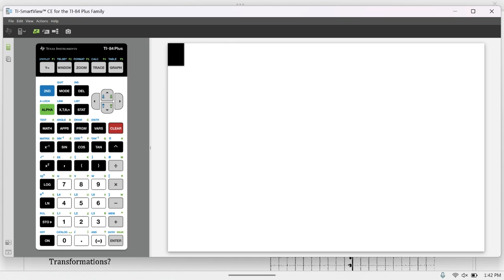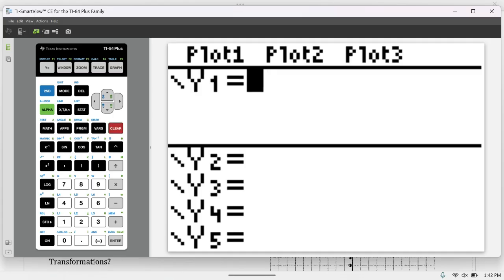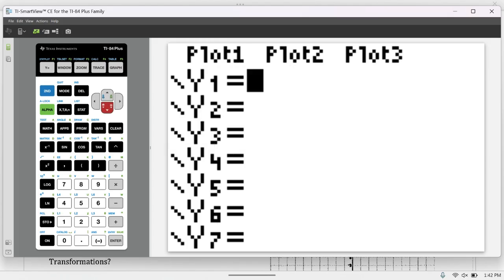You're going to hit y equals, clear the equation if it comes in. Also, for whatever reason, if plot 1 up here is highlighted, just use the up arrow key so it's flickering over it, hit enter so it's unhighlighted, because if it's highlighted, it won't graph. All right.